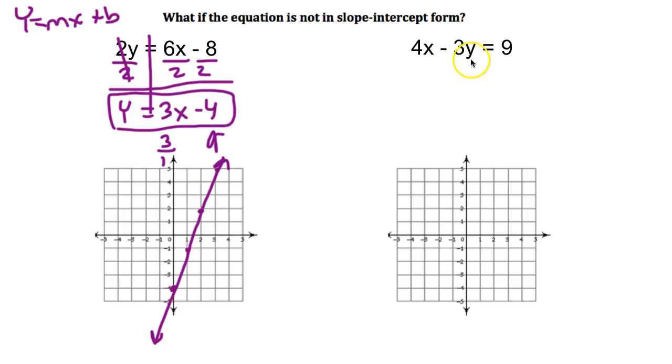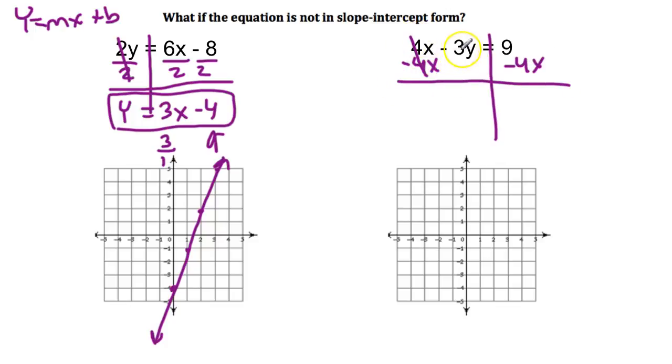Alright, this one over here. I'm going to solve for y again, so I can put it in y equals mx plus b. I want to get y by itself, so I'm going to get rid of this 4x. There's no sign over here, but it's a positive 4x, so I have to do a minus 4x on both sides.